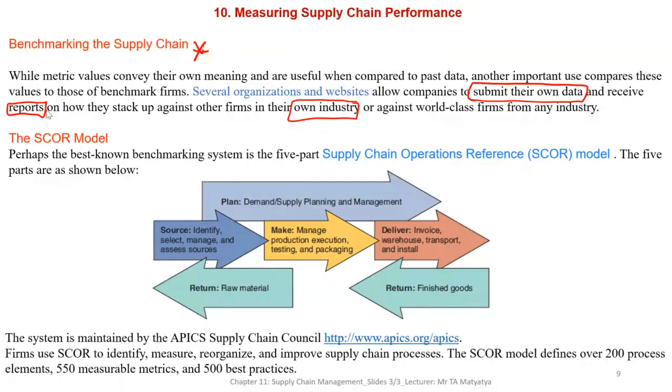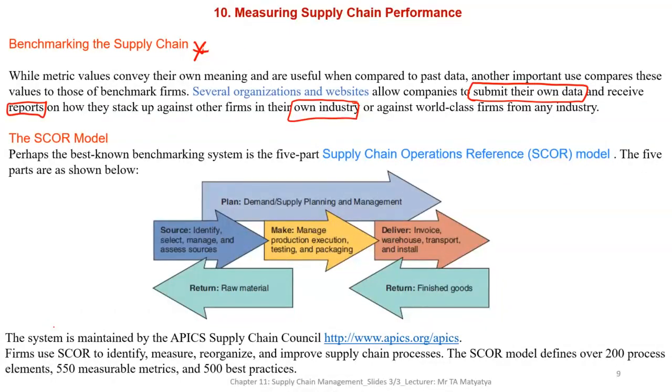The SCOR model, which stands for Supply Chain Operations Reference model. Perhaps the best known benchmarking system is the 5-part model. The 5 parts are as shown below.